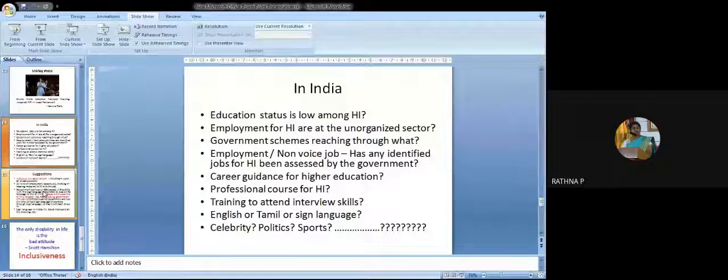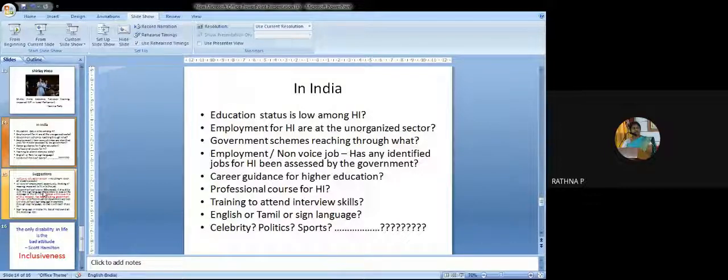But a very minimal number of televisions and social media use sign language. So how will government schemes and GOs be passed on to hearing impaired people? And on employment, non-voice jobs: have any jobs for hearing impaired been identified and assessed by the government? That's what I said now.